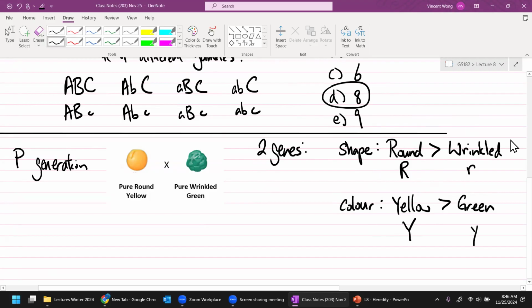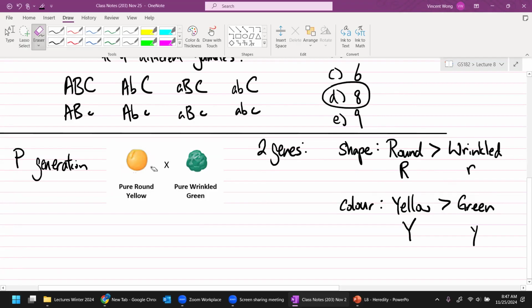So remember, if it's the same character you're talking about, like color, you use the same letter, right? But you need to use different letters for different characters. Okay? All right.